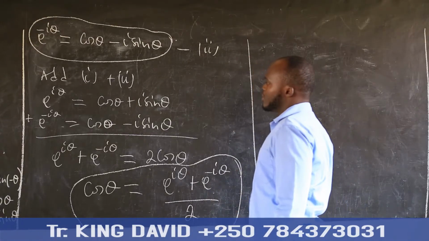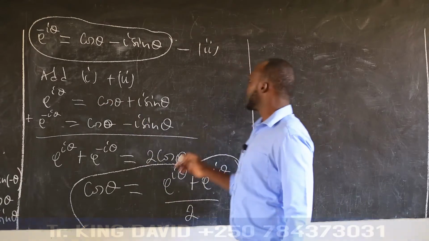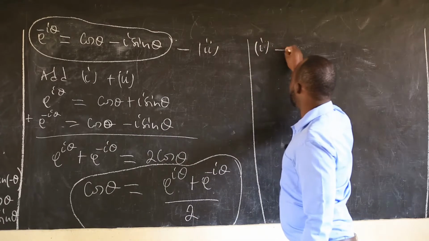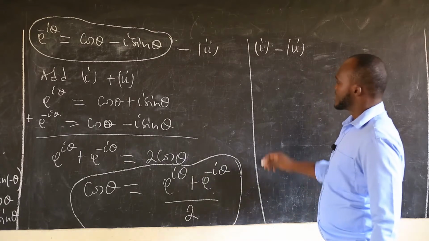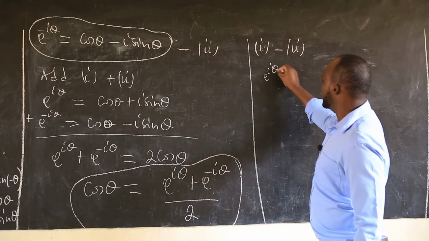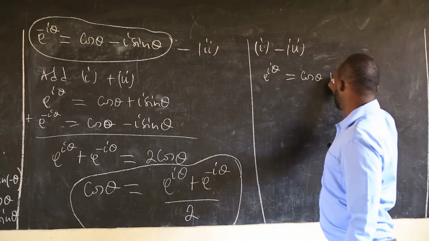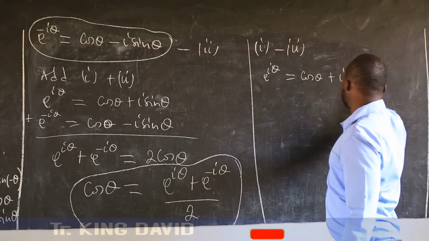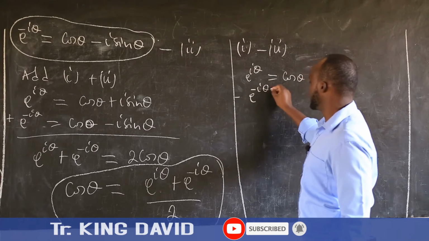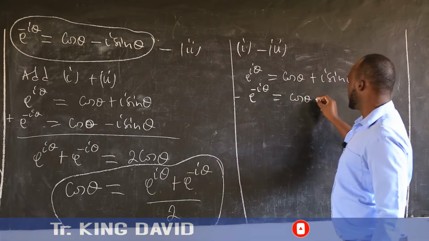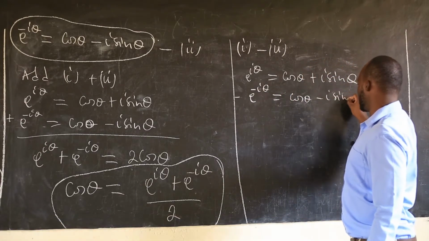Now for the second one, we subtract. We take equation 1 minus equation 2. That is e power i angle, which equals cos angle plus i sine angle, minus e power negative i angle, which equals cos angle minus i sine angle.